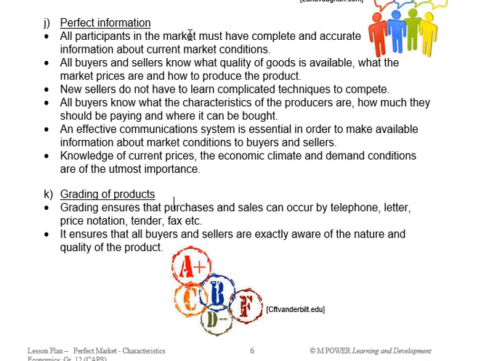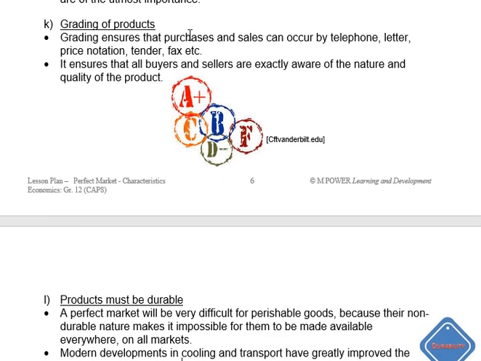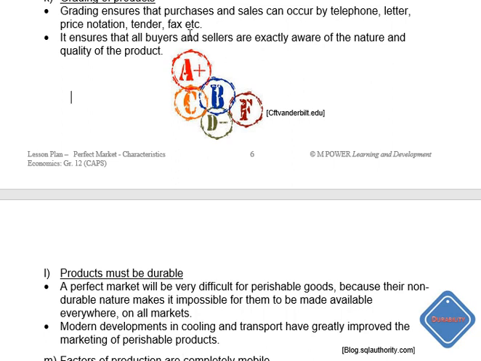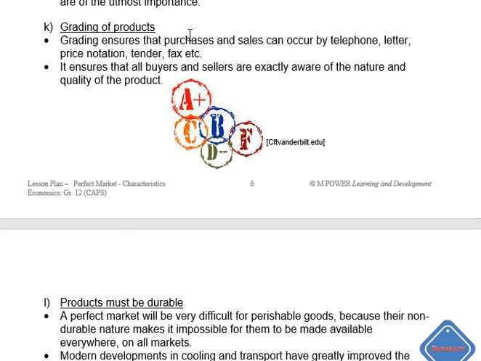Right, then in the perfect market, we make use of the grading of products, okay? Grading just makes it easier so that people can make purchases and sales without having to physically inspect the product, all right? So you can literally buy and sell your product over the telephone, over a website, a letter, price notation, a fax, not that anybody does that anymore, okay?